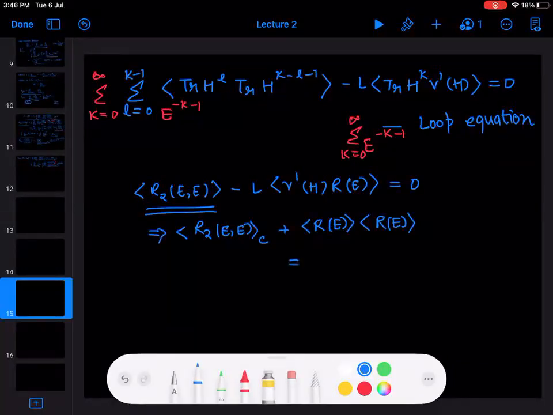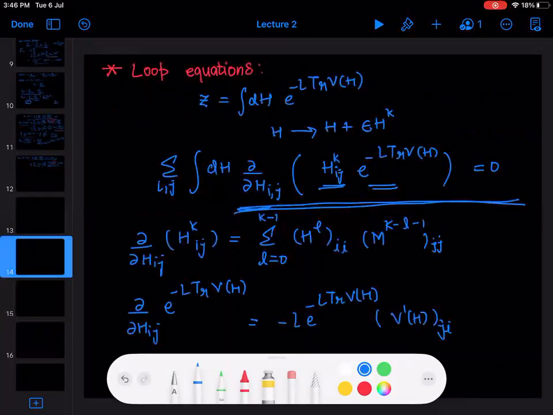Excuse me, I have one question. How do you derive these loop equations? Is there a first principles way? I just showed the derivation, from here. What I'm demanding is that my integral is invariant under this change of variables.